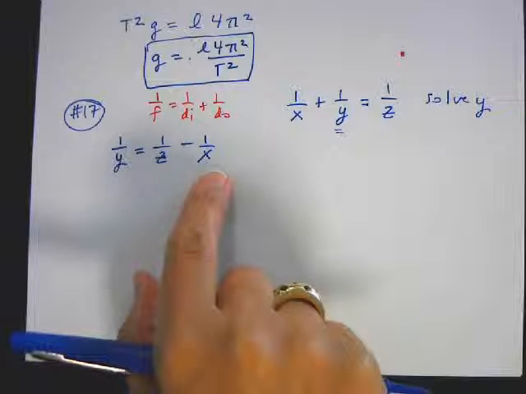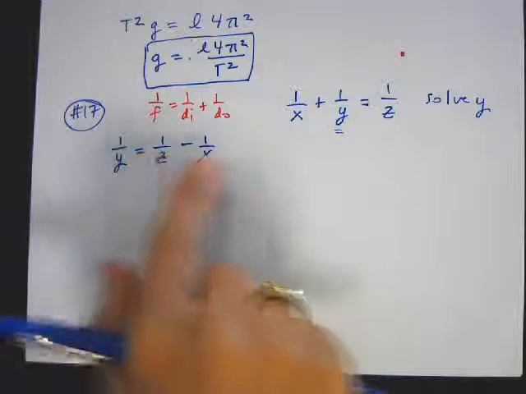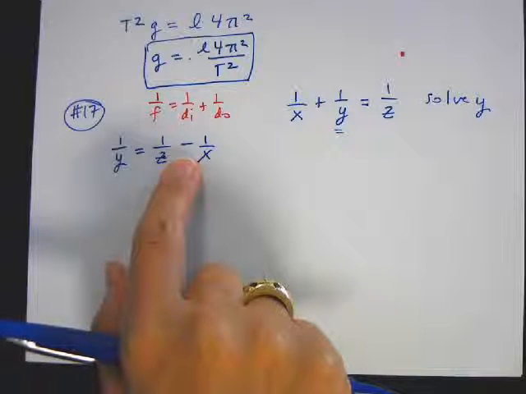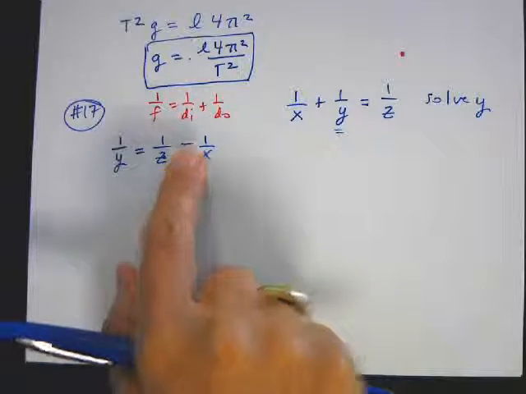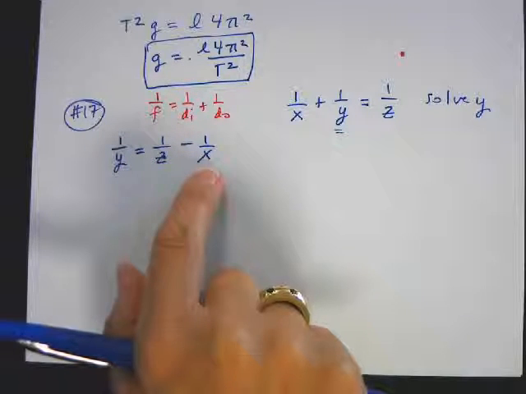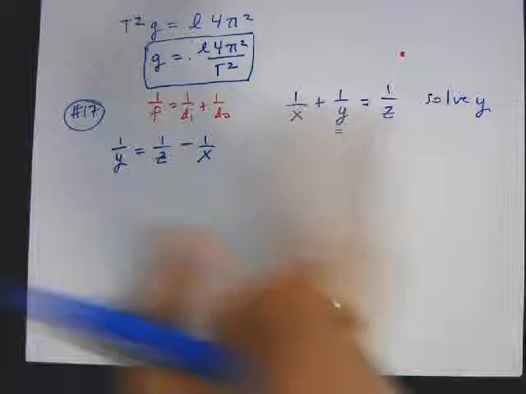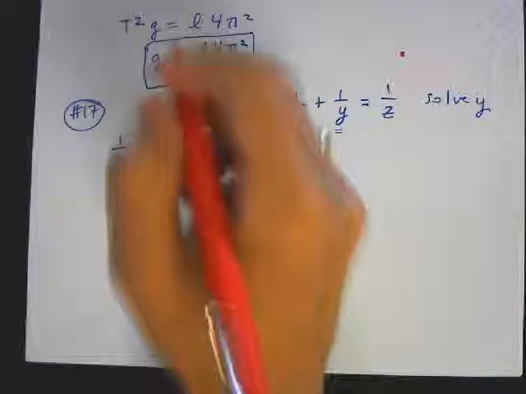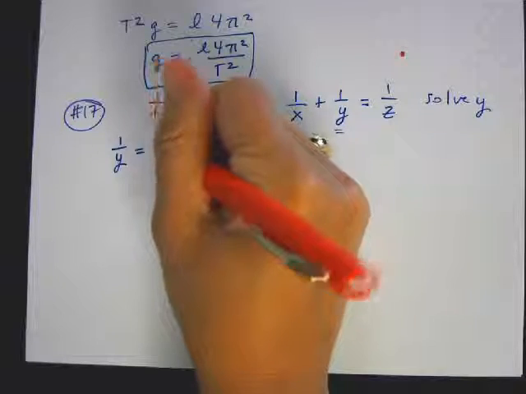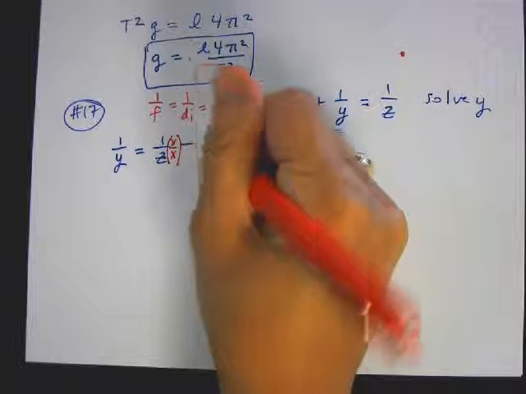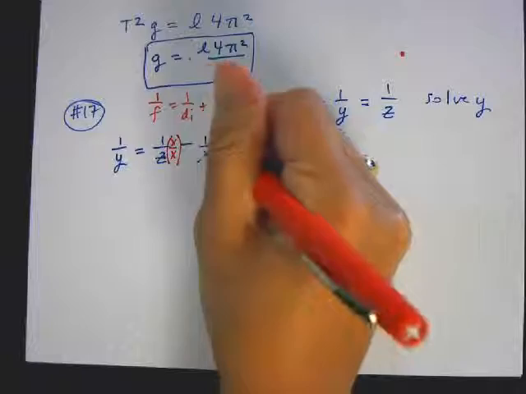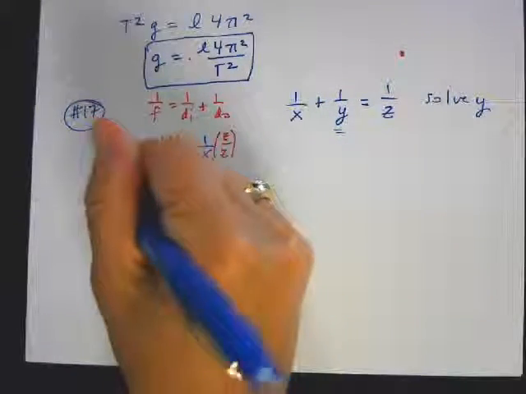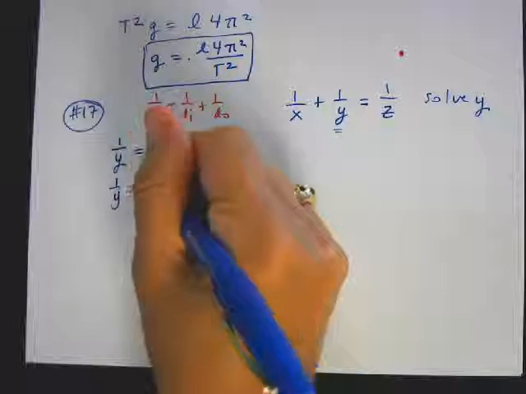In order to perform this subtraction, I have to find a common denominator. The only common denominator here is going to be z times x. In order to get zx here, I'll have to multiply top and bottom by x. In order to get zx here, I'll have to multiply top and bottom by z. So I'm going to have 1 over y is equal to x minus z over zx.